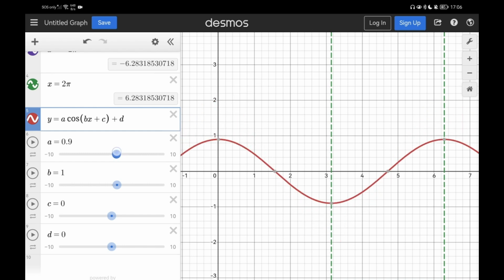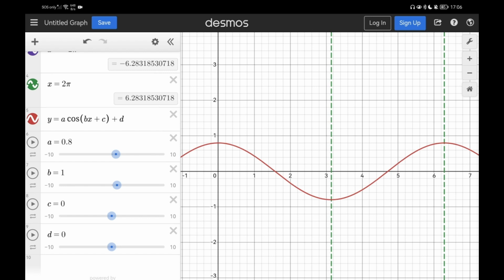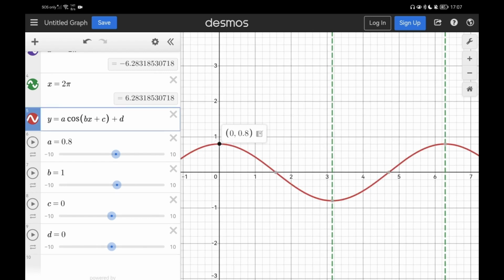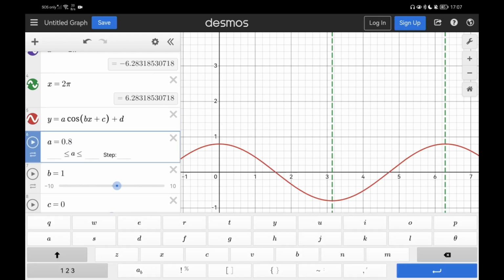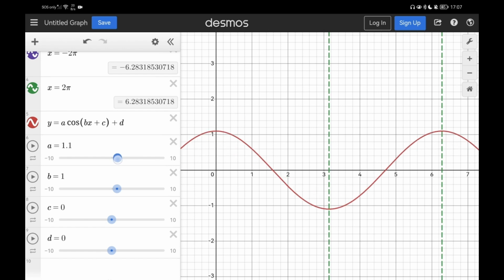Otherwise, if I slide into 0.8, it means that it is 0.8 times of its original amplitude. This is the amplitude change, which is the so-called stretch in the y direction, where this value is the scale factor, as well as the sine functions just now.